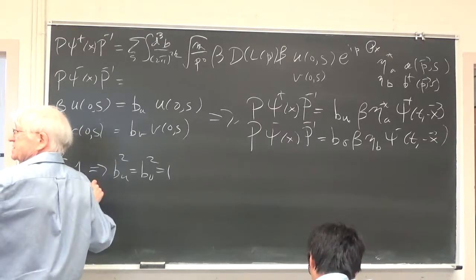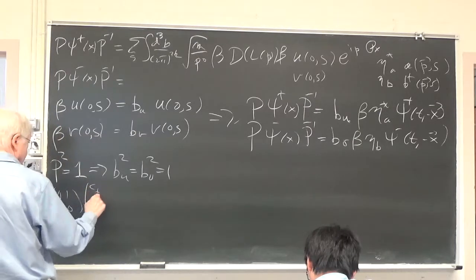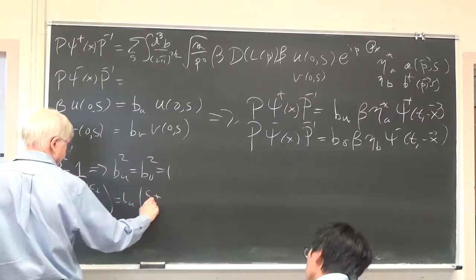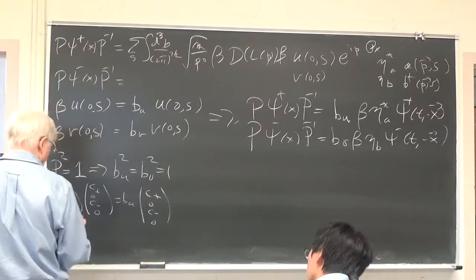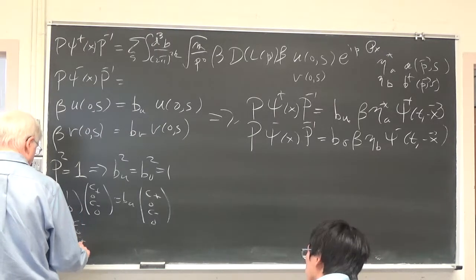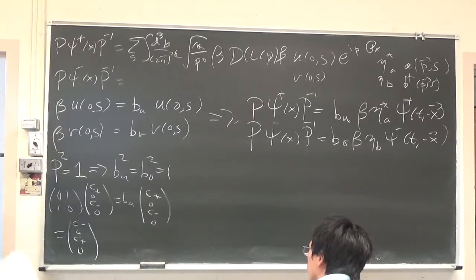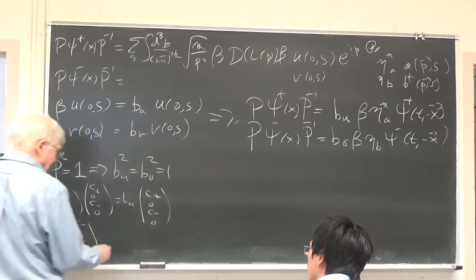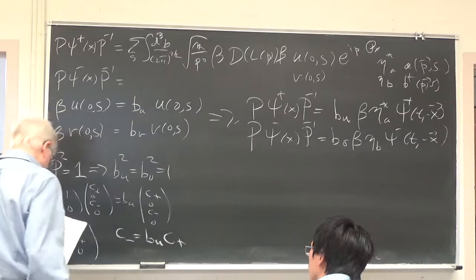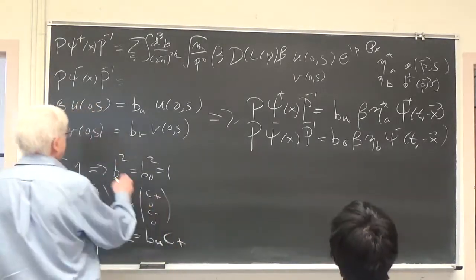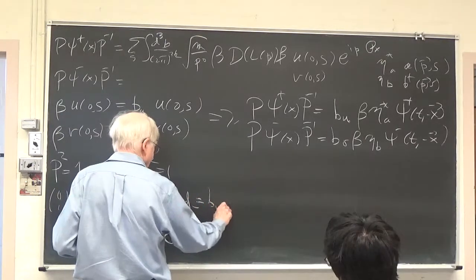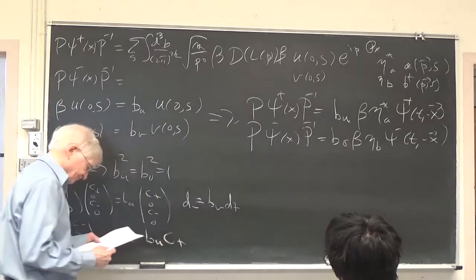Well, it was C plus, but this thing is C minus 0. So what this is telling us is that C minus has to be B sub U times C plus, and a similar equation tells us that D minus has to be B sub V times D plus.